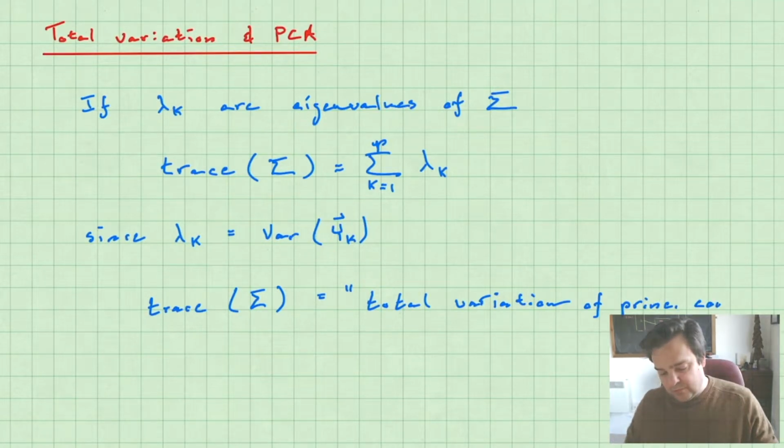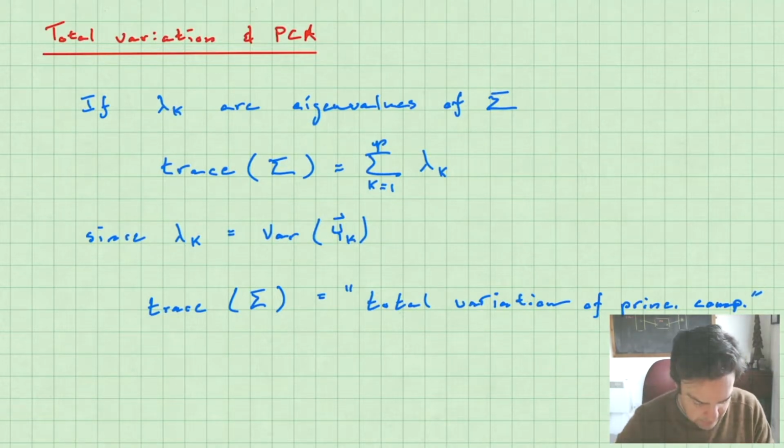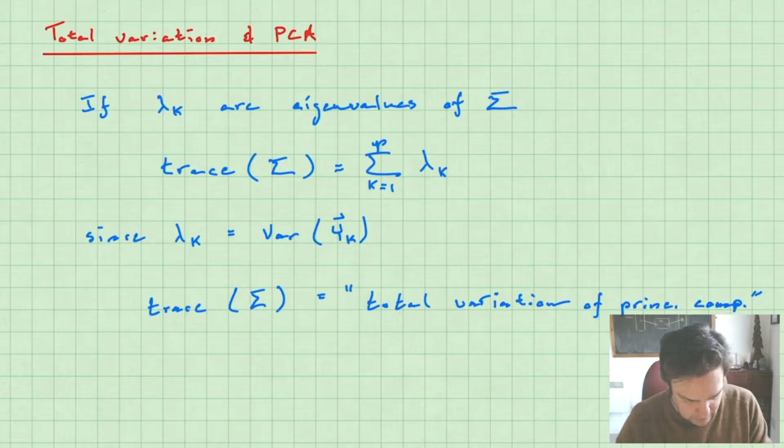So the trace of sigma gives you all of the variance in the Y space, and you can look at the proportions relatively easily.